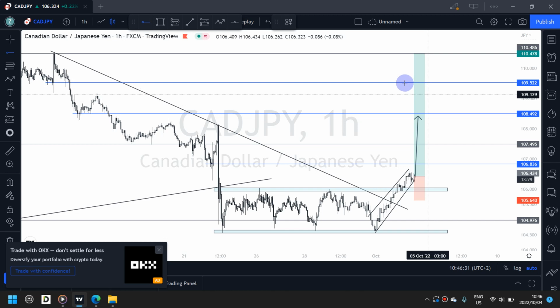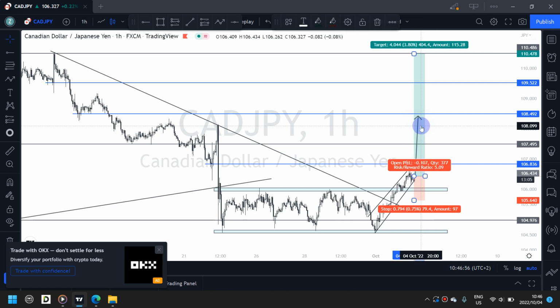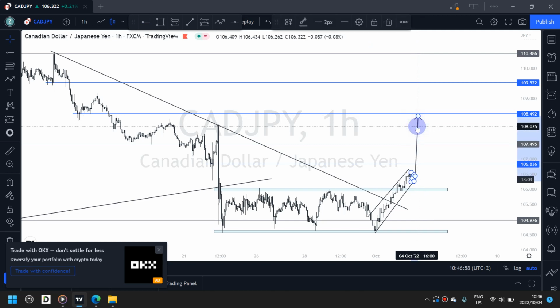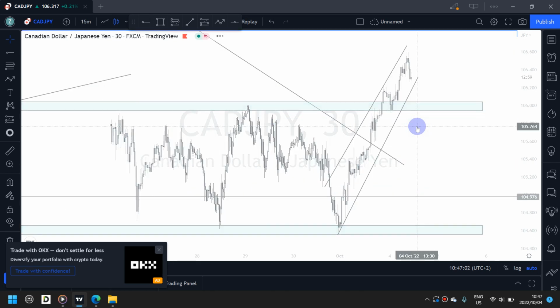If the market reaches this blue key level, should I lock my profits at this blue key level? Once the market is around this key level, that's where I have to be patient to see whether it's going to complete my setup or just drop and stop me out. So that's how I would cater for an entry or an opportunity to trade on this CADJPY pair.